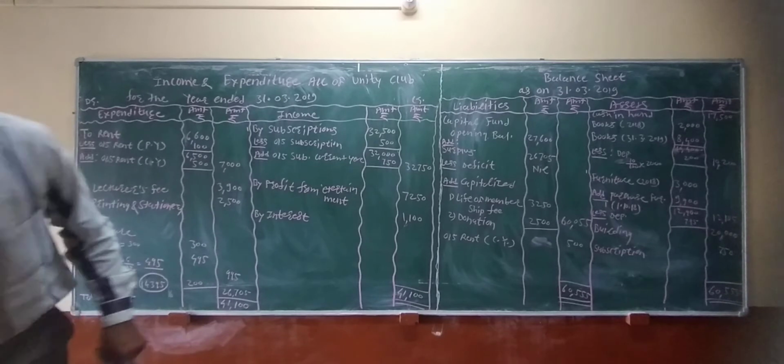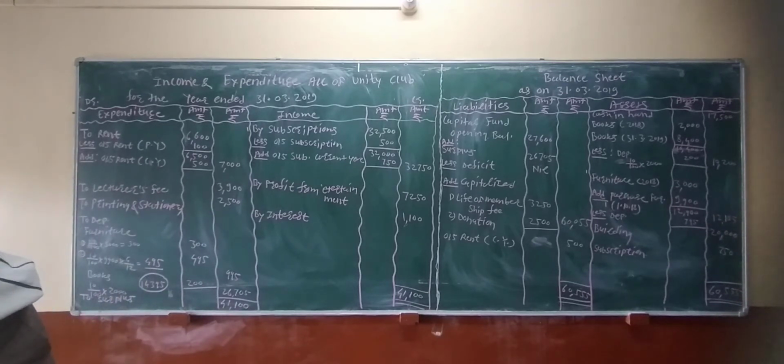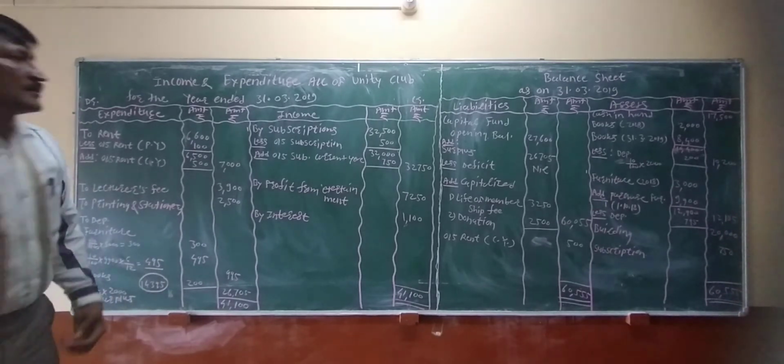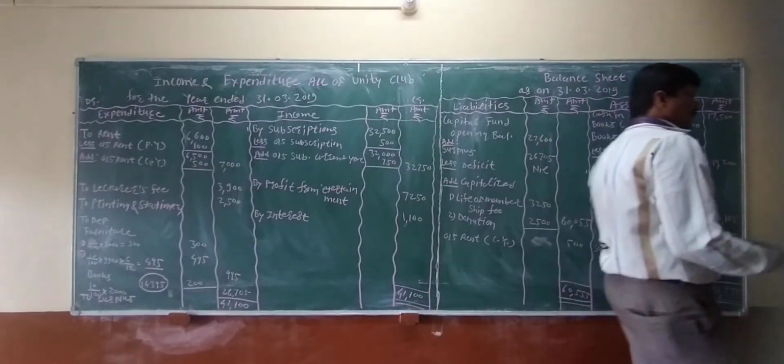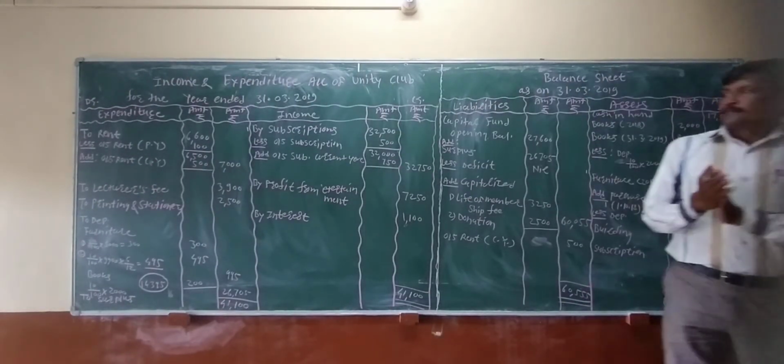So how can you tally this example? I have already given the instructions, so follow the instructions.